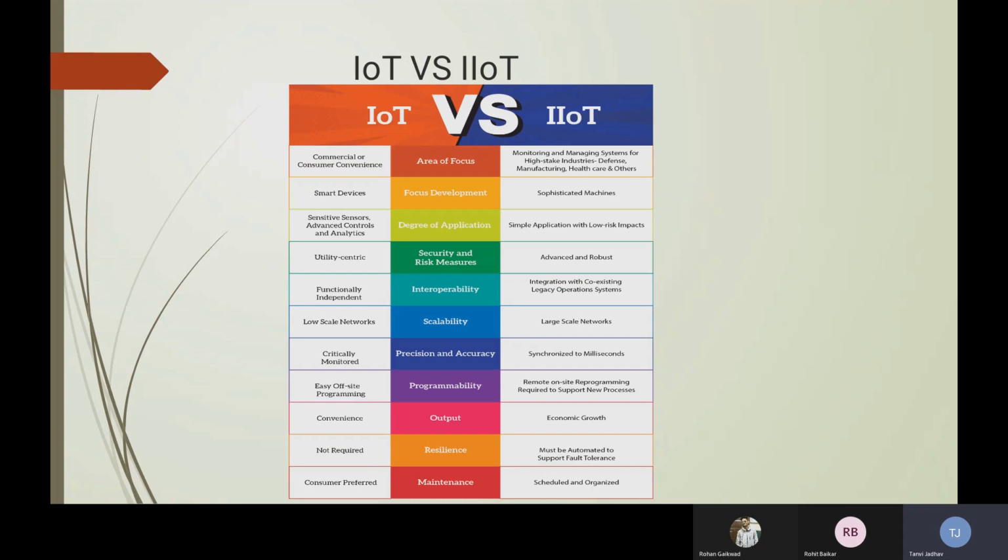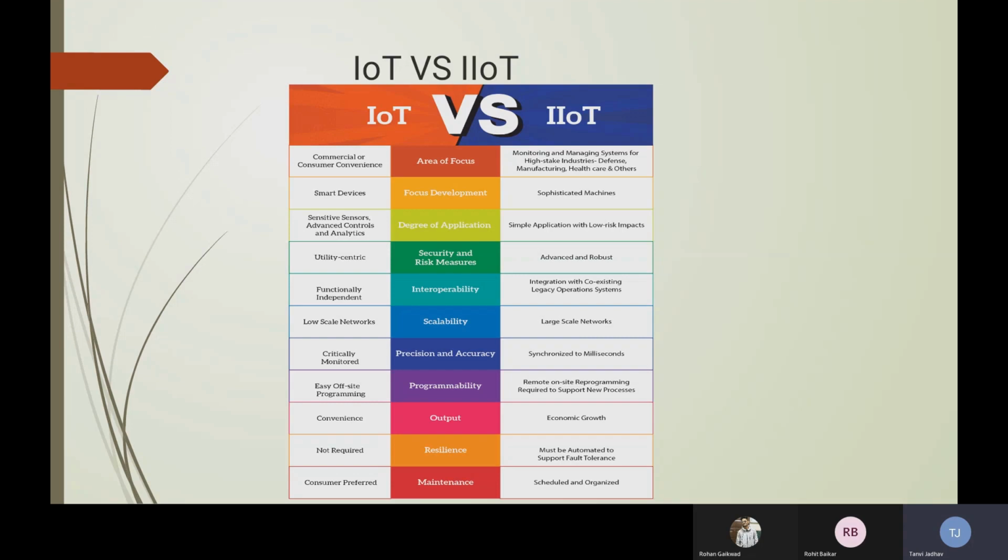So industrial IoT, or our normal IoT, encompasses more machine to machine communication with the addition of big data technologies and machine learning.